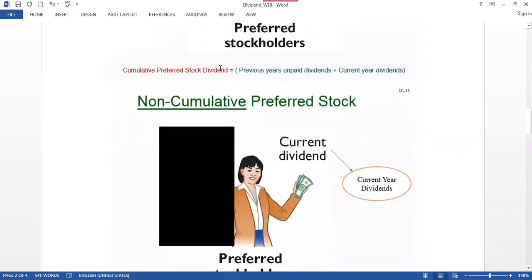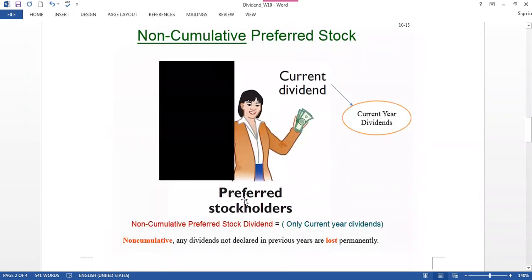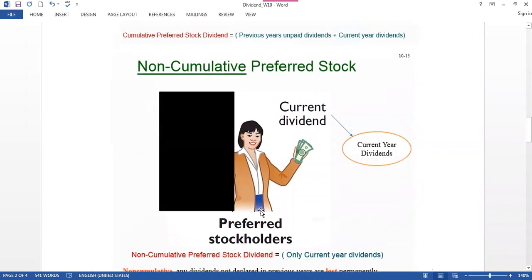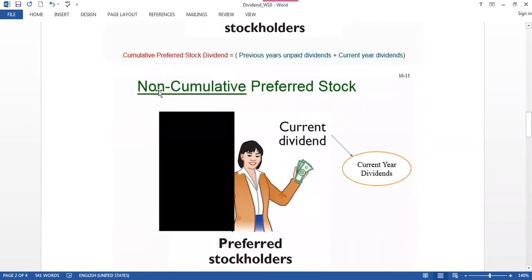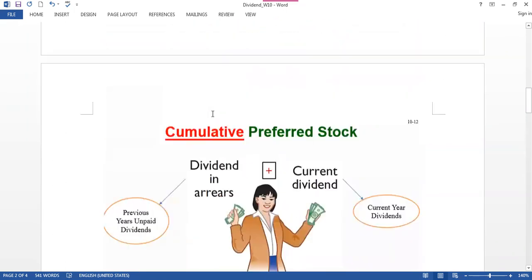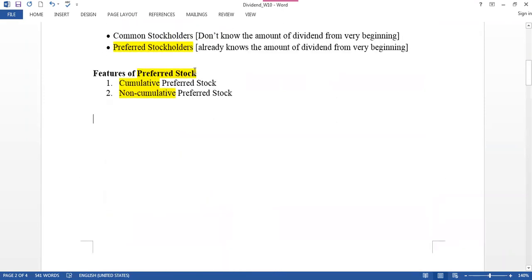And look at another lady, she is also a preferred stockholder, but she belongs to another identity. Her other identity is non-cumulative. Do you understand? That means if you are a preferred shareholder, you may belong to cumulative or you may belong to non-cumulative.